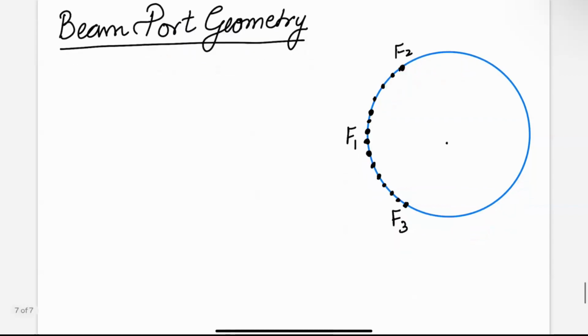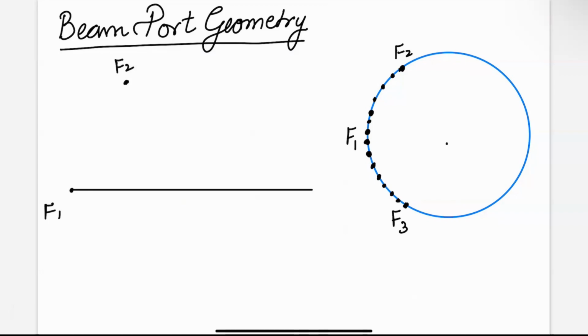So to do that, let's draw another figure on this side. So this is F1 here, and I have F2 somewhere here. I'll only draw F2, I won't draw F3 because it's symmetric. And then I have this line here, and this is some point O, doesn't matter.